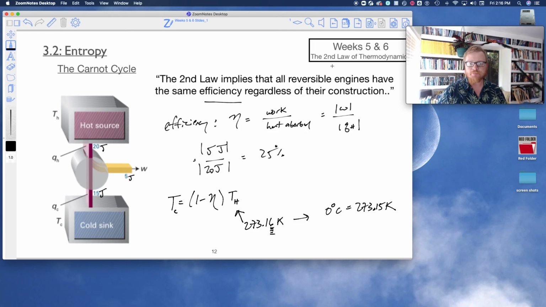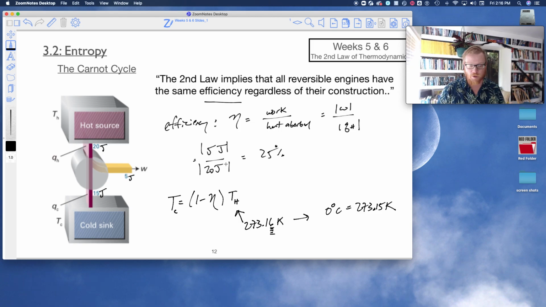And just to hammer this home, the way that they worked this out is they knew how much heat was being delivered and how much work was being performed. Those are the two things that they can measure.